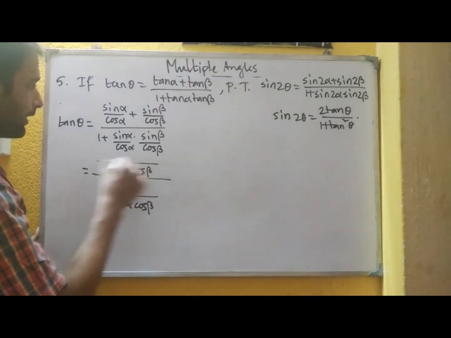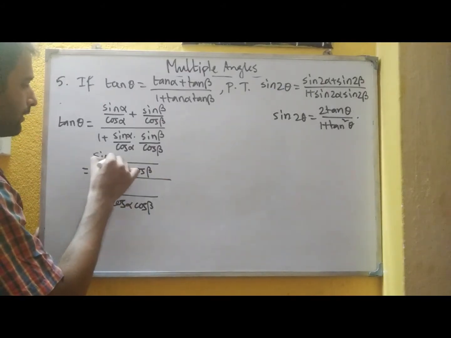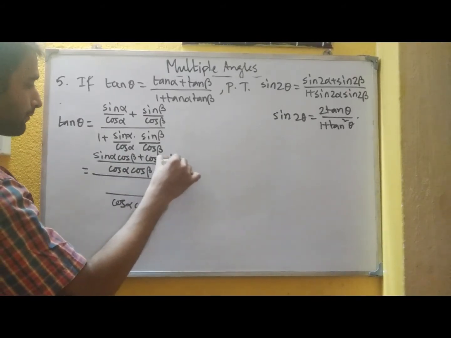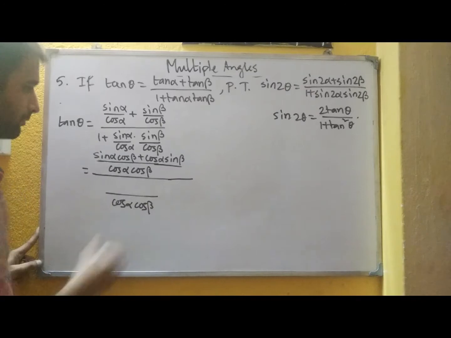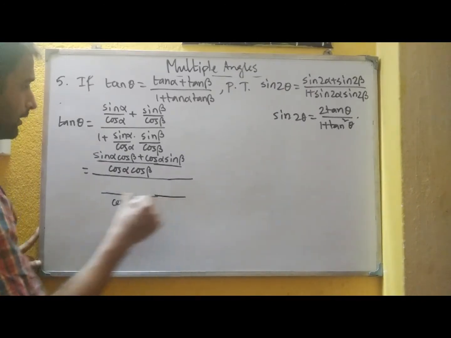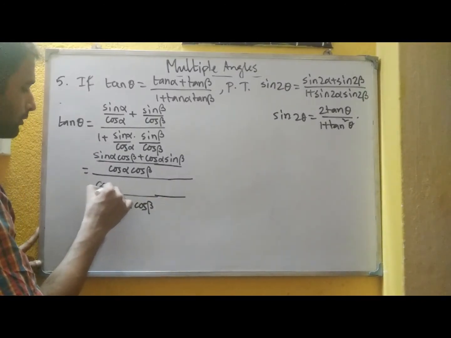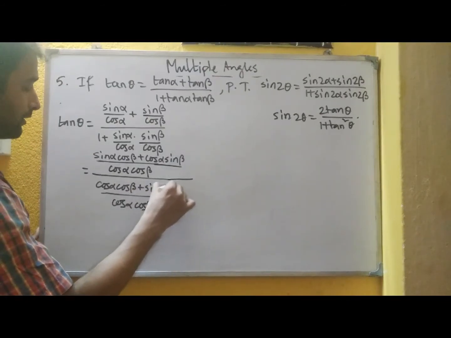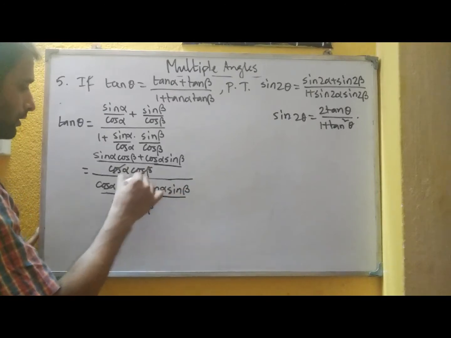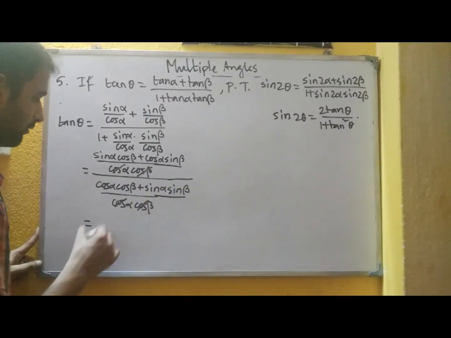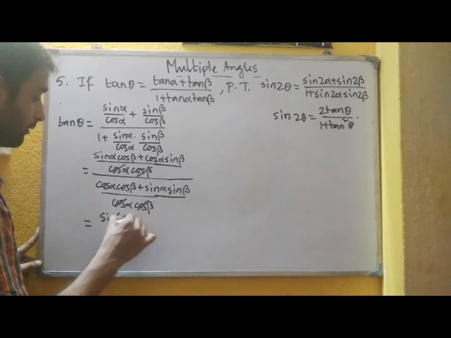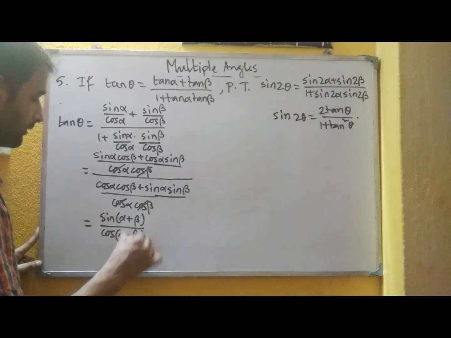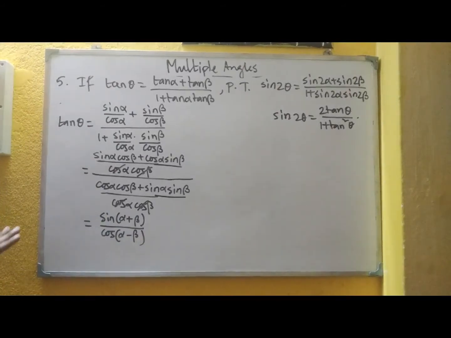In the numerator, we are getting sin alpha cos beta plus cos alpha sin beta, and it is the formula of sin alpha plus beta. Similarly, in the denominator, it is cos alpha cos beta plus sin alpha sin beta. So after cancelling out the same factors, we are getting sin of alpha plus beta by cos of alpha minus beta. So it's a simple value.